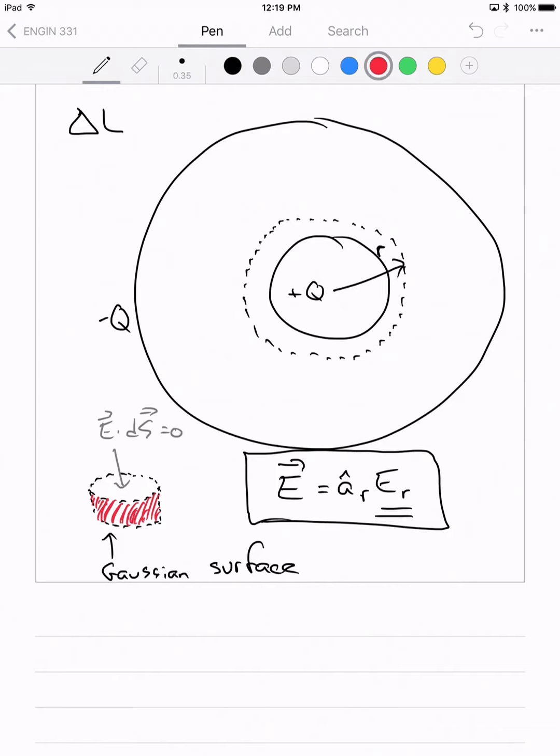Well, on the circular side, E dot ds does not equal 0. See that?